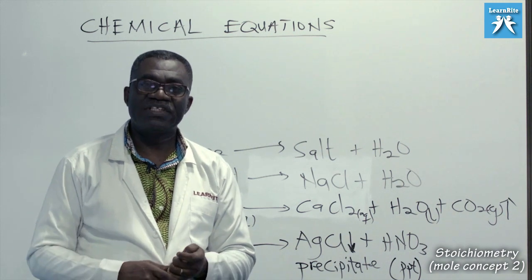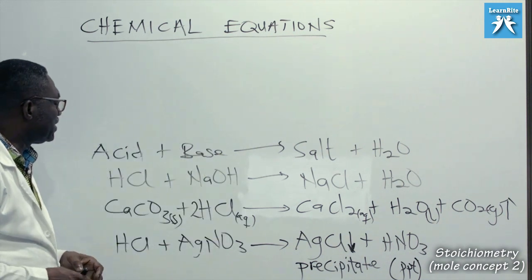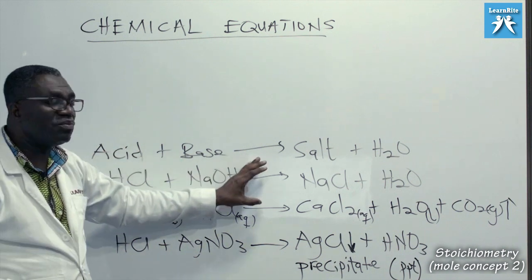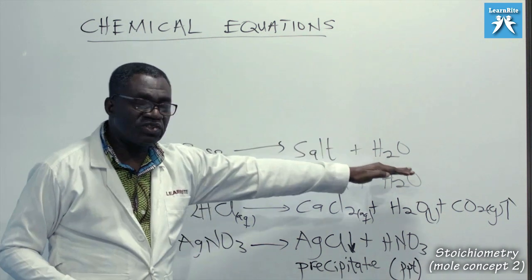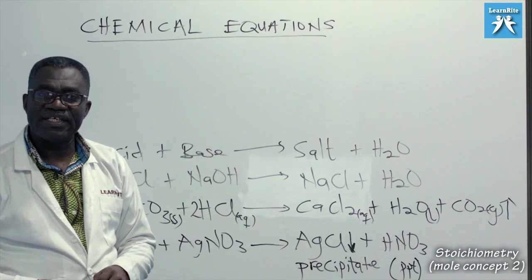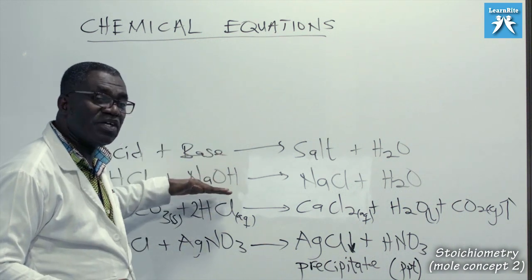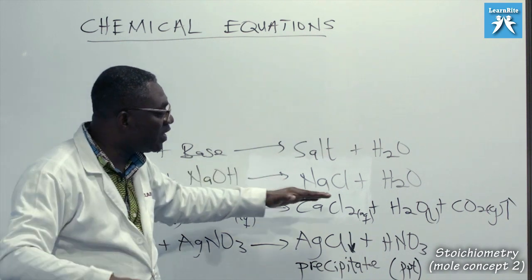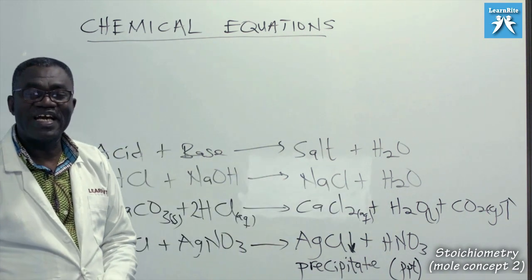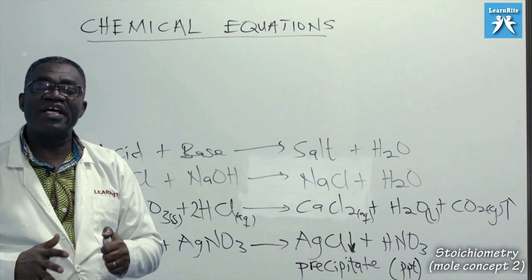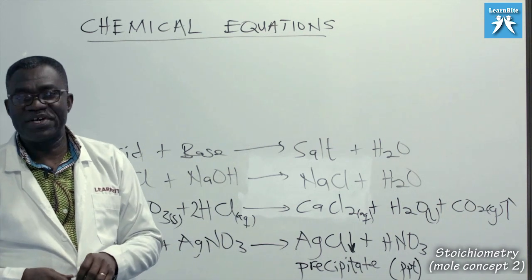If an equation is balanced, it simply tells you that the total number of atoms on the left-hand side should be equal to the total number of atoms on the right-hand side, and the types of atoms on the left will be the same types on the right. In any reaction, no new atom can be created.